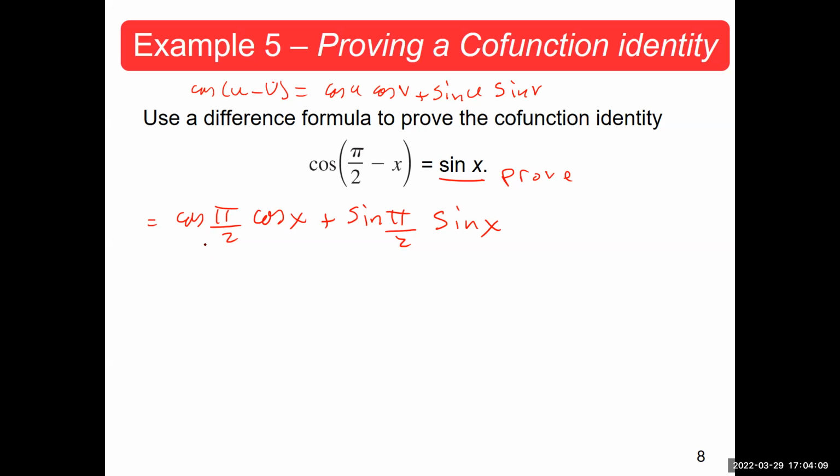What does cosine pi over 2 equal? In your calculator, this is 90 degrees. The cosine of this equals 0. What's the sine of pi over 2? That equals 1. Then what we get here, the 0 term is gone. The final answer is sine of x. Check mark, correct. That's very easy to prove.